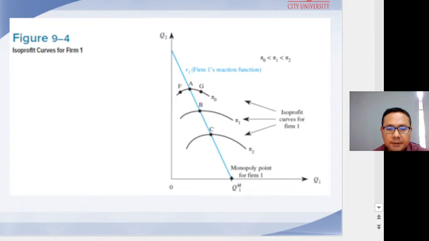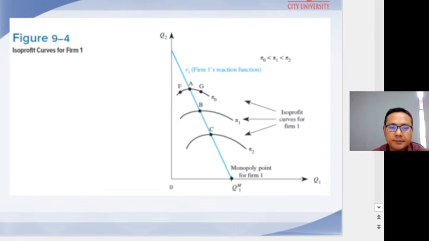This is due to the law of demand. As more output is sold in the market, the price consumers are willing and able to pay for the goods declines. So this will of course alter the profit of firm 1.